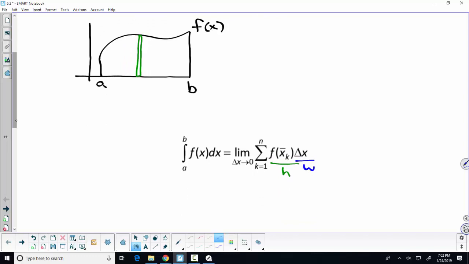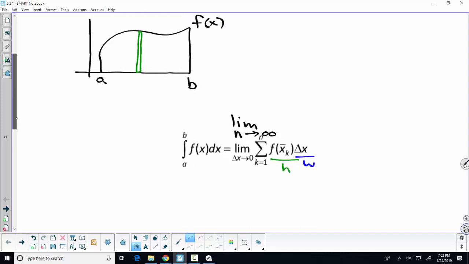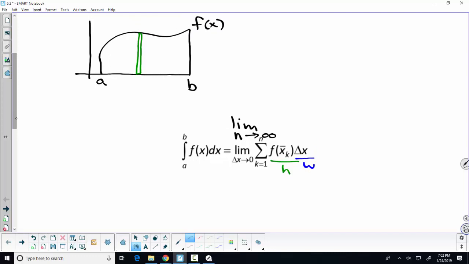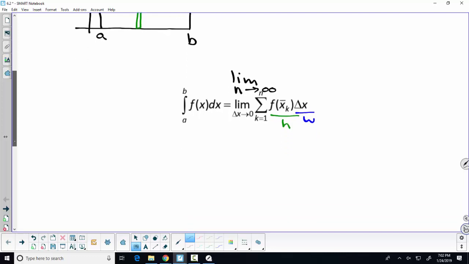However you choose to label that, it's the same computation. So maybe you vaguely remember that, maybe you don't, but that's where we started off.